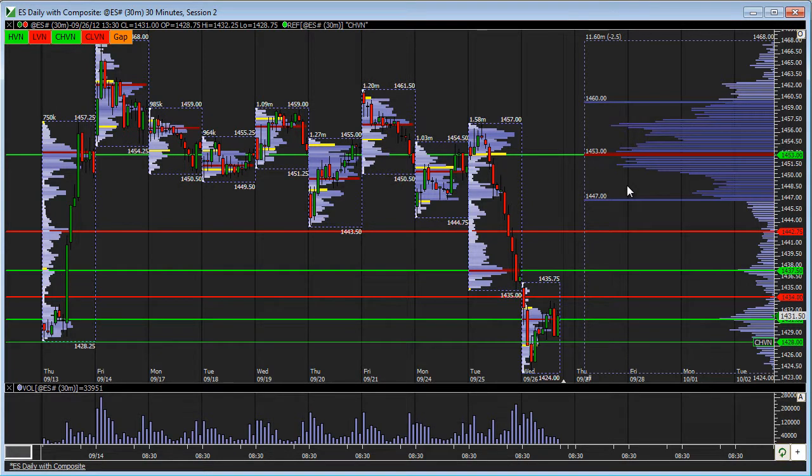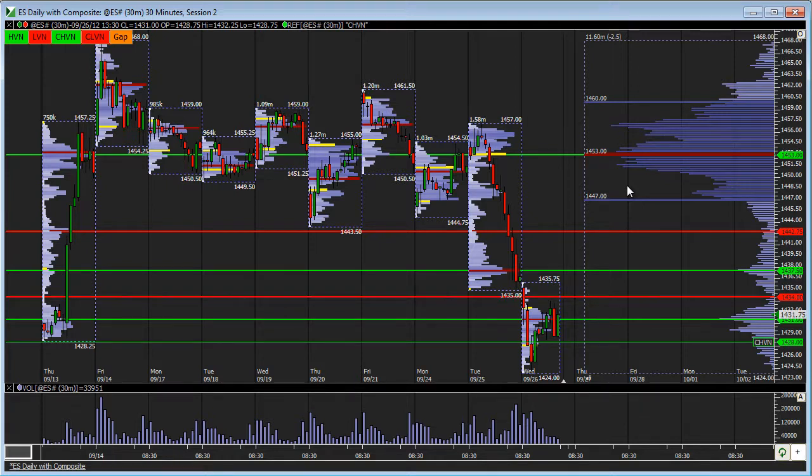So in this case, the short-term buyers gave out, and we got a liquidation move down to retest that breakout yesterday, and then today we filled the gap, and we tested the 1428 level. But basically, the tip was that we were building heavy acceptance at a single price.